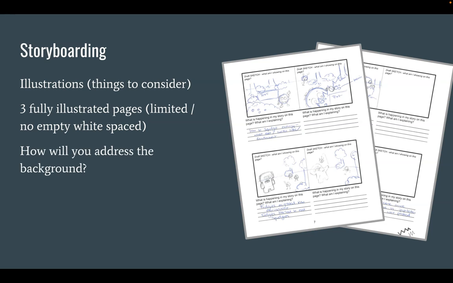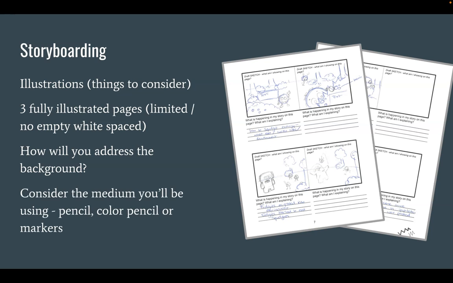You'll also want to be considering how you'll address background, what's behind your characters, and how will you fill in things like sky or the environment they're standing on. You will also want to consider the medium you'll be using. Think about if you're going to use pencil with shading, or color pencil, or markers. Each different medium should be considered slightly differently as you are storyboarding.